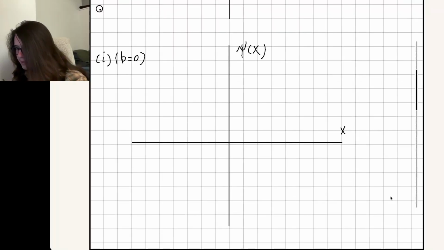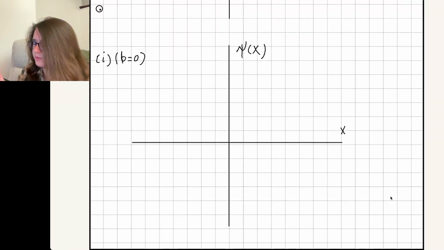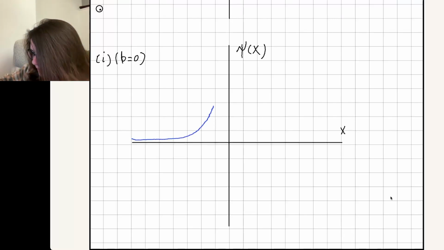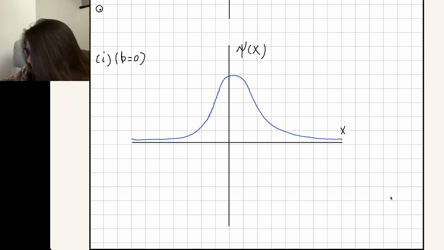So the first case is B equals 0, so there is no separation in between the finite square wells, so it's just one big finite square well. We'll just draw the ground state and the first excited state wave functions for these. The ground state kind of has a Gaussian shape around x equals 0.